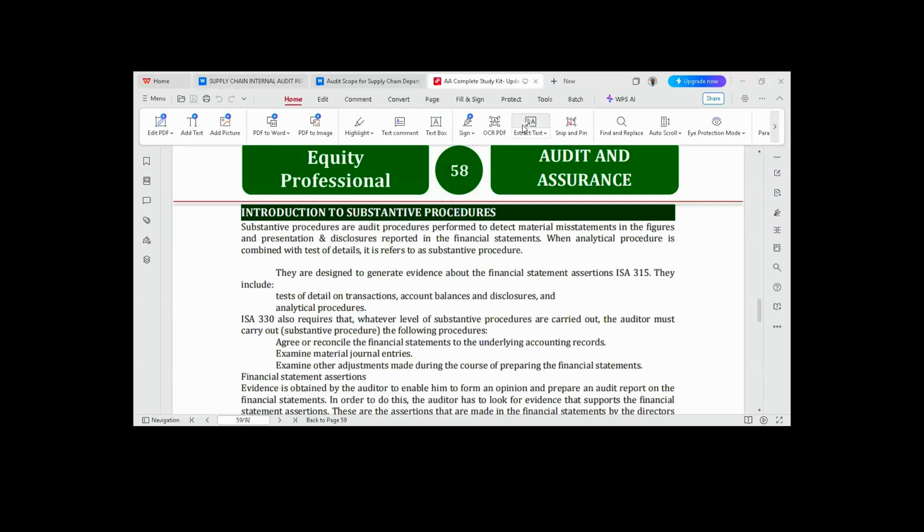Now, after the purchase order has been raised by the procurement department, they will now send it to the accounts department. The accounts department will now raise the payment voucher that they will use to make payments. Okay. Accounts department raise the payment voucher.